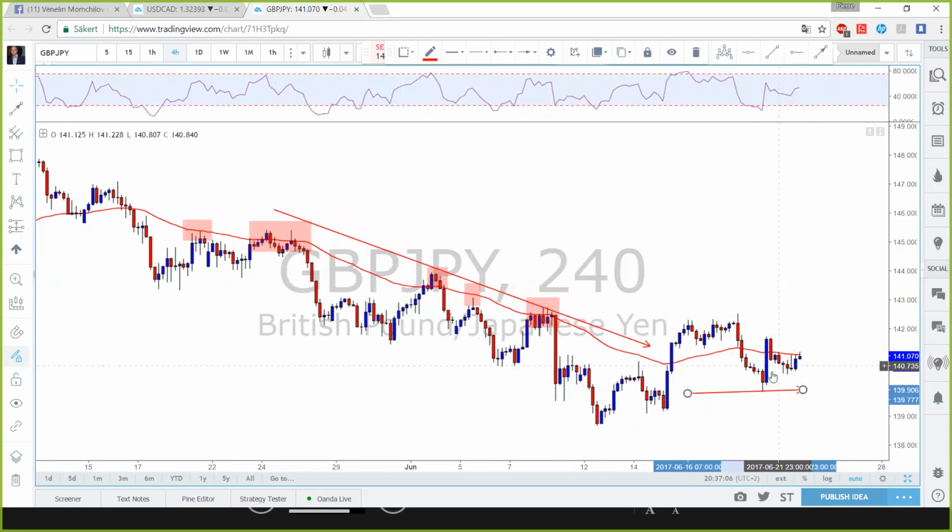Stay away from such market conditions. These last candles show only a new higher low, but no new higher high, no new lower low. This right now is a sideways market.